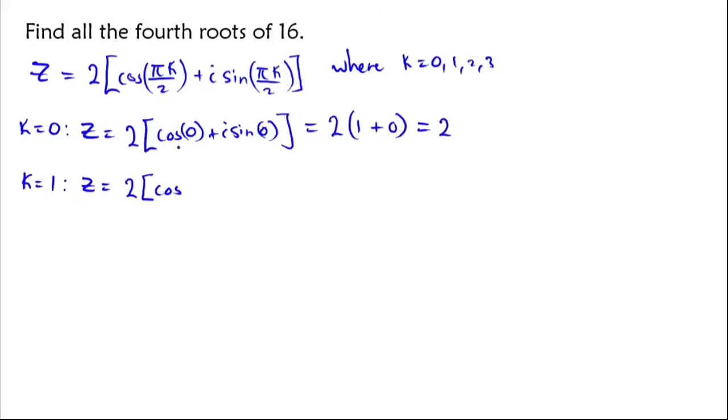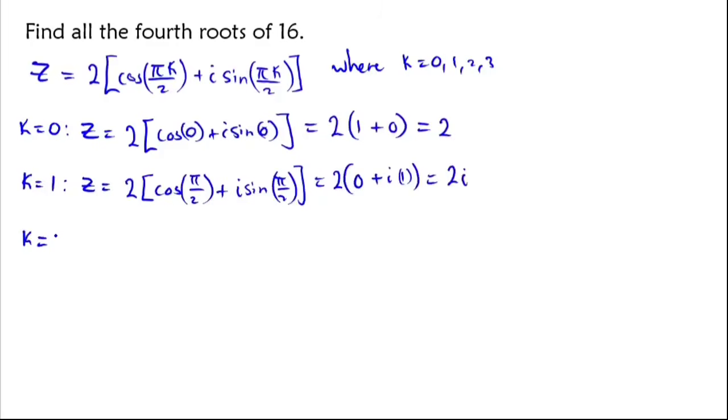Remember, if k is 1, then we only remain with pi over 2 plus i sine pi over 2. Like that. So cos pi over 2 is 0. Sine pi over 2 is 1. So this just leaves us with 2i.